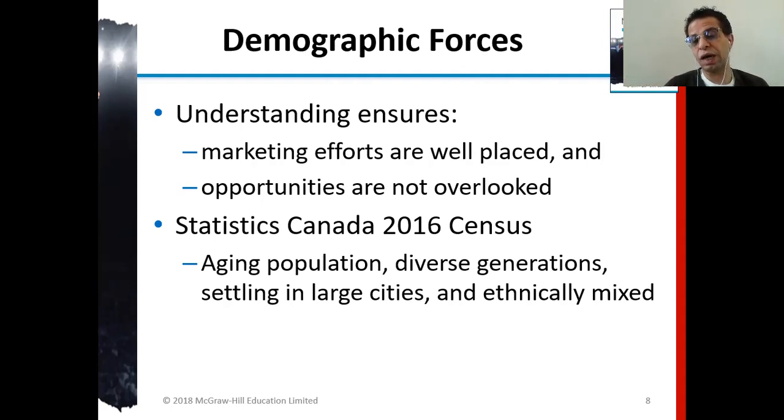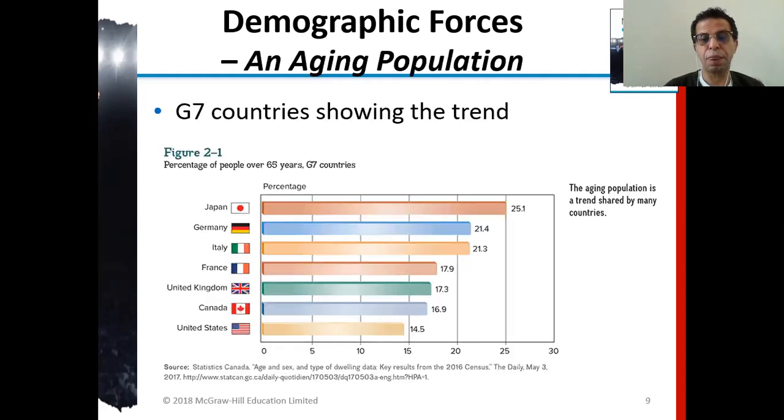And we also look at the ethnic mix. If you came 20 years ago or 25 years ago to Winnipeg, visible minorities were really a minority. You could not see them. Right now, the number is growing very rapidly.